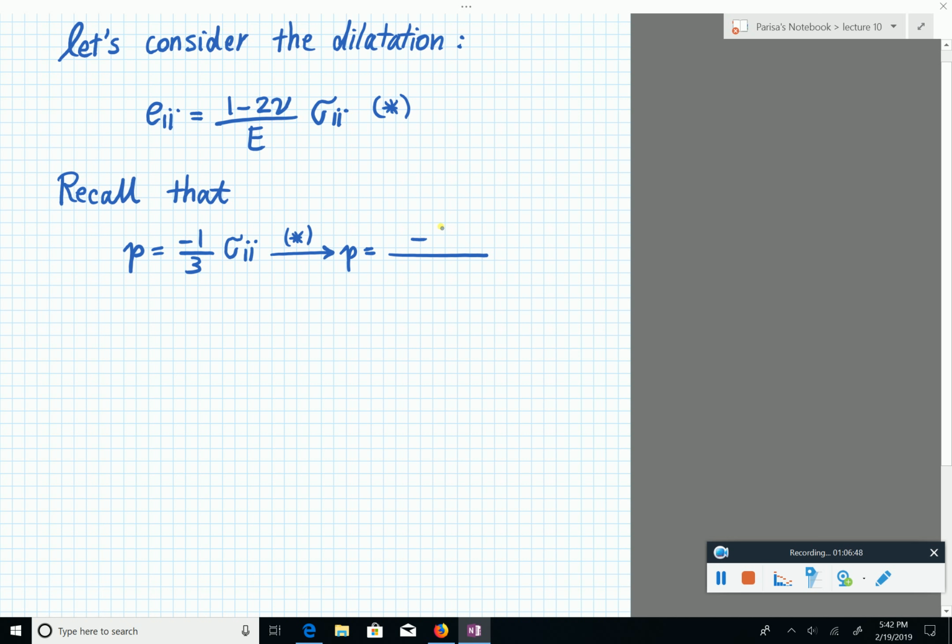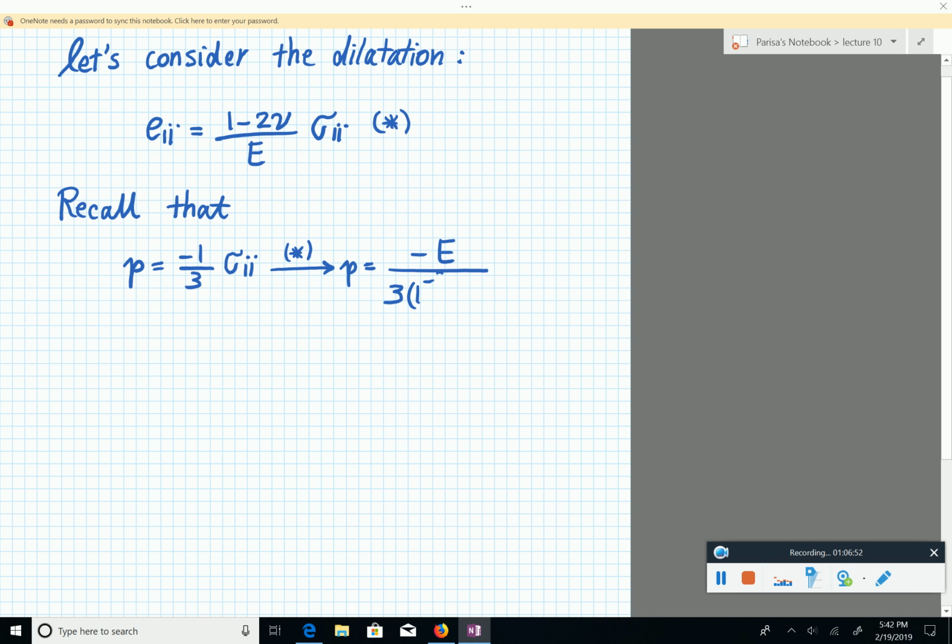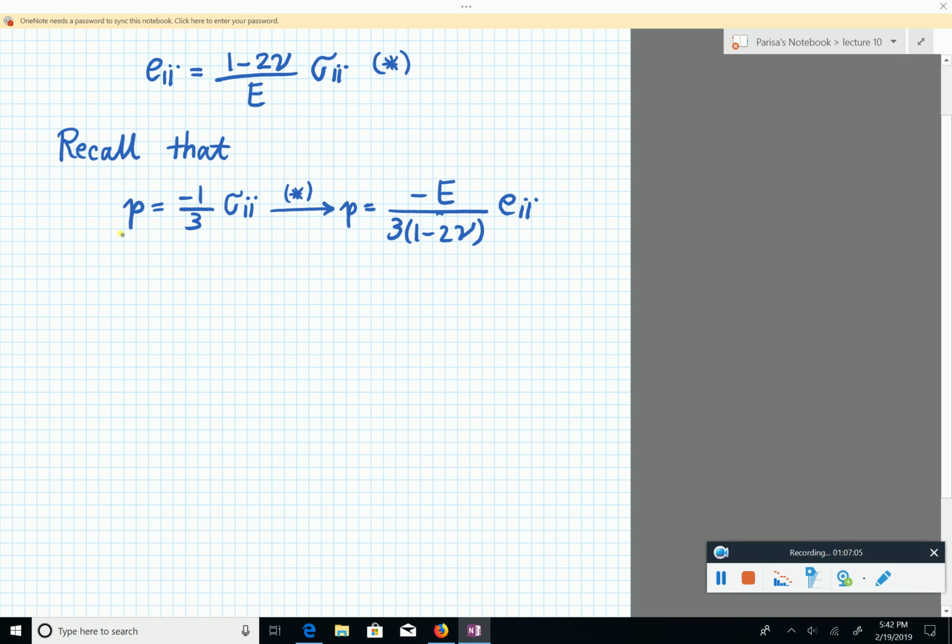Shouldn't be very hard. So this is the relationship between pressure and dilatation, which is volume change, right?